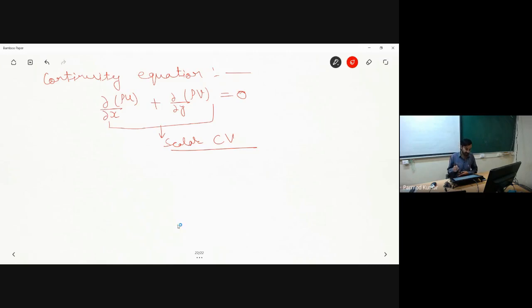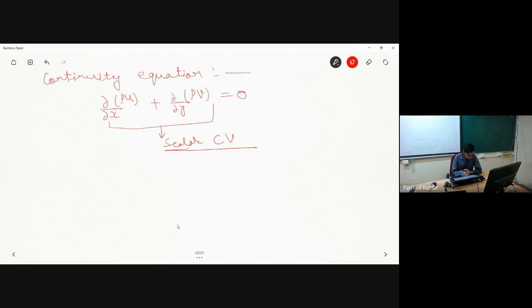Why? Because when we substitute the different velocity terms, this equation will finally give us the pressure correction equation, which is the resulting outcome of this continuity equation. So that's why we want to discretize it over our scalar control volume.